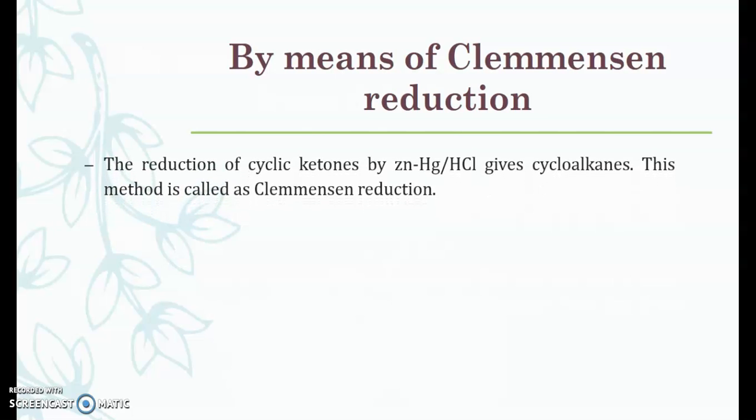The second method used for the preparation of cycloalkanes is Clemmensen reduction. The reduction of cyclic ketones by zinc amalgam and hydrochloric acid gives us cycloalkanes. This method is called the Clemmensen reduction. Basically, if our compounds consist of cyclic ketones, then these cyclic ketones are converted into alkanes.